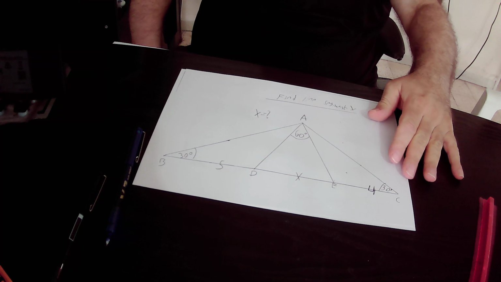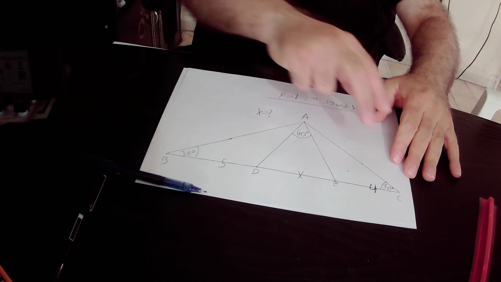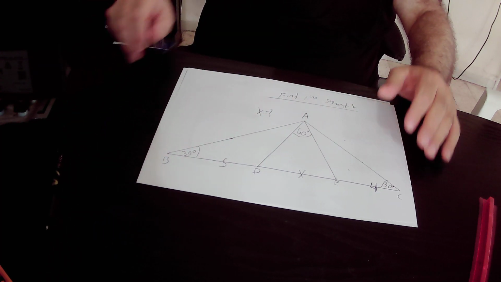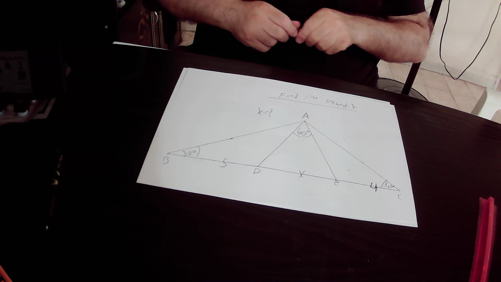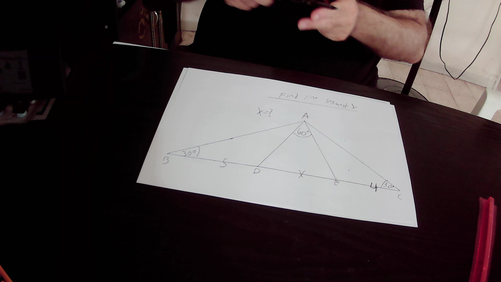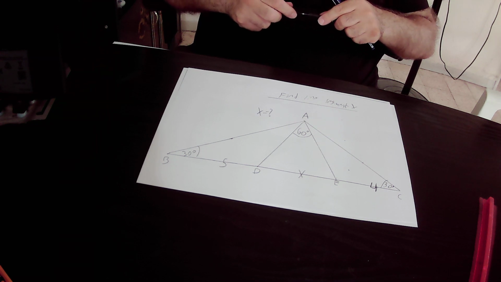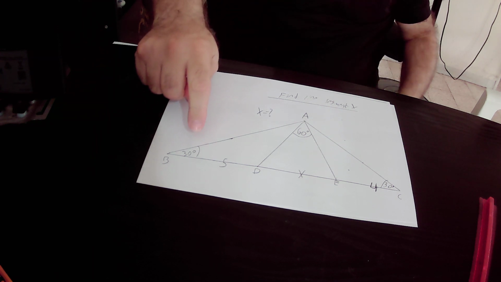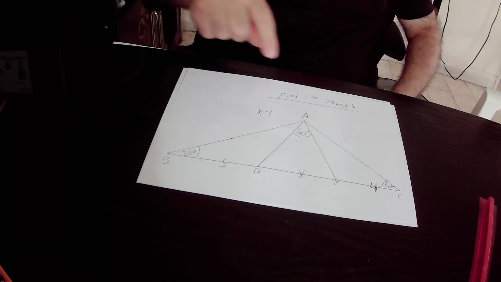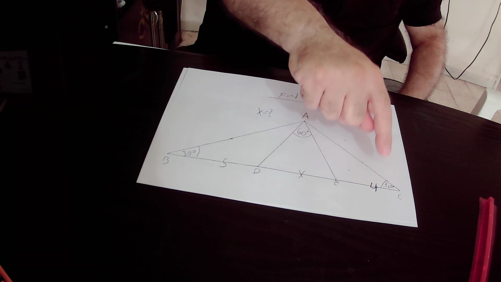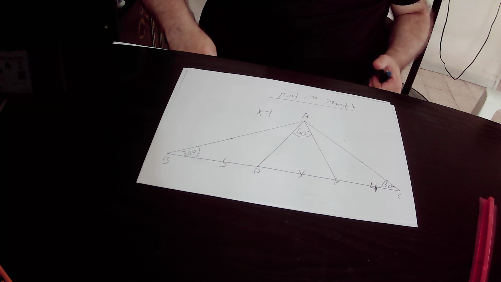In the drawing, we have triangle ABC. We know that angle ABC, this angle equals 30 degrees. Angle ACB, this angle also equals 30 degrees.